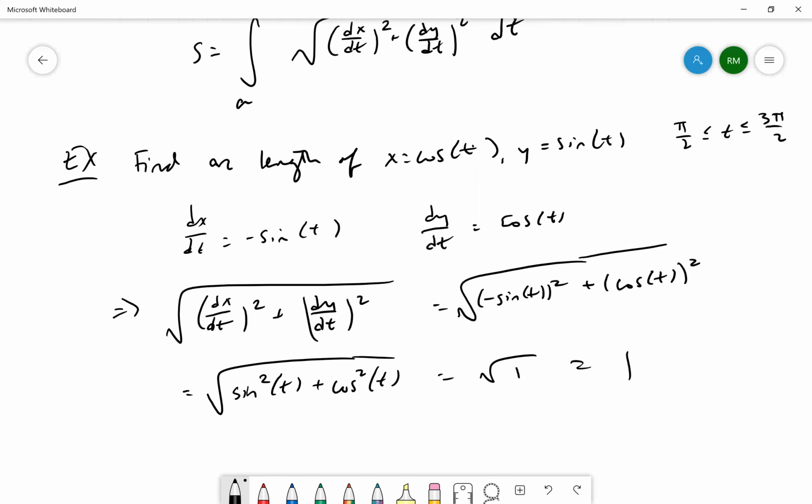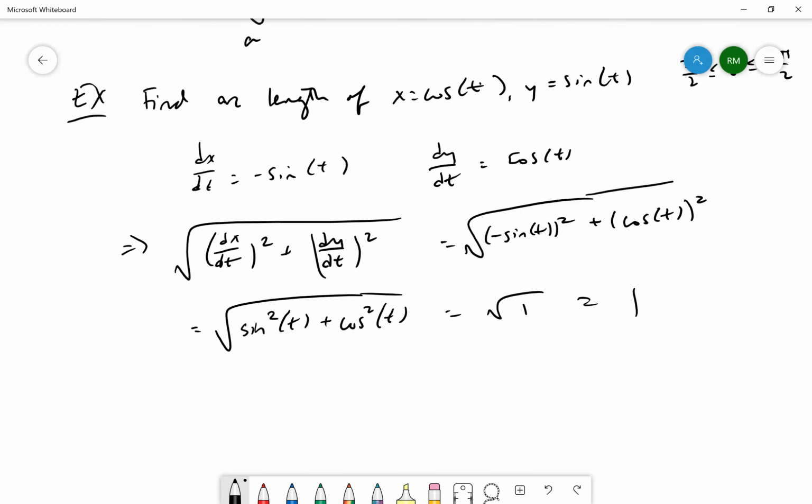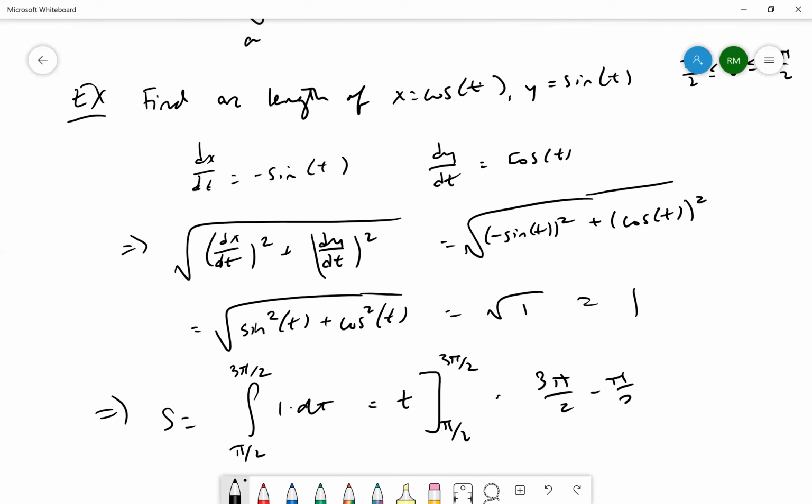And so we get that this square root is always 1, which tells us that our arc length is just integrating dt, and so we just get an arc length of pi, which makes sense because we were looking at the arc length of half of a unit circle.